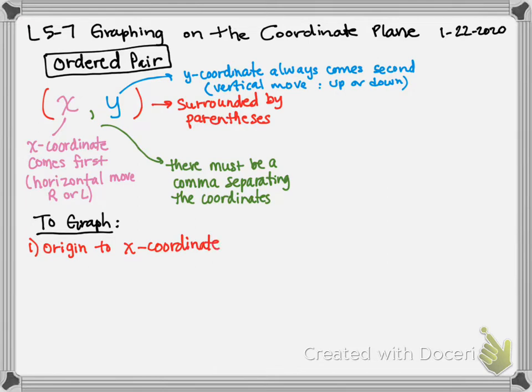Then we're going to go from the x coordinate, so we haven't moved anything, haven't marked anything, and we're going to go to the y coordinate. So we're going to shift either up if it's positive or down if it's negative from the x coordinate. And then we're going to graph a point.